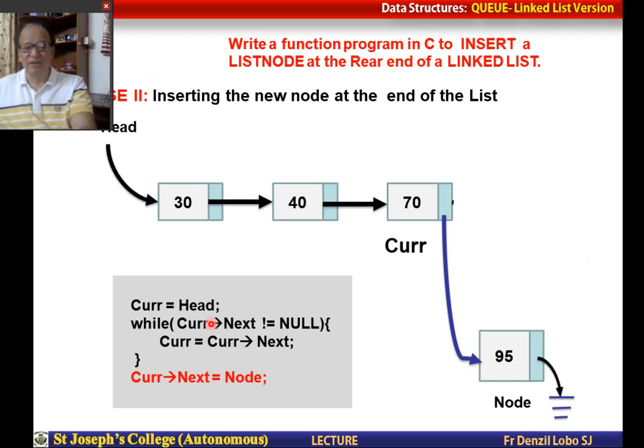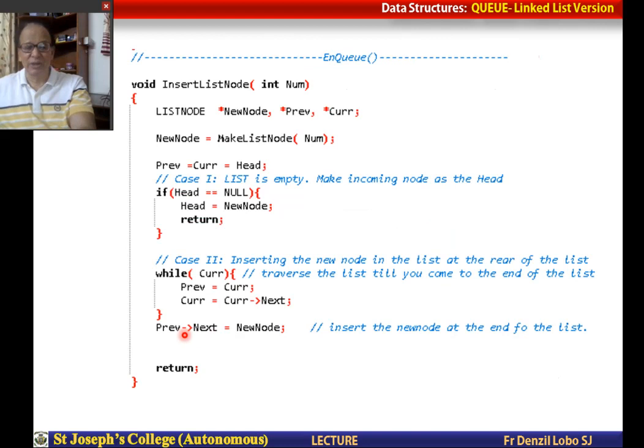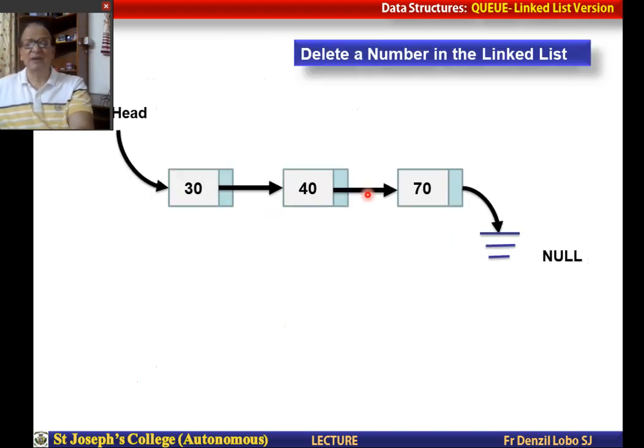So instead of that, I am saying as long as current is not equal to null, previous equal to current, current is equal to current next. Therefore, when I come here, current is null. Therefore, this is going to be previous, and that is what I am doing. Previous next is equal to new node. I am assigning the new node at the end of previous. So this is one more way. Instead of only current, I am using two variables, previous and current, which is much easier to understand. So this is insert list node.